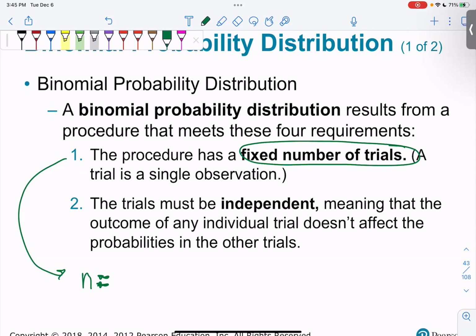So if I flip this 10 times, how many times will I get it right? Maybe 0, or 1 at most for me. But I mean, if I repeat the experiment 10 times, how many times will we get the event that we are interested in?